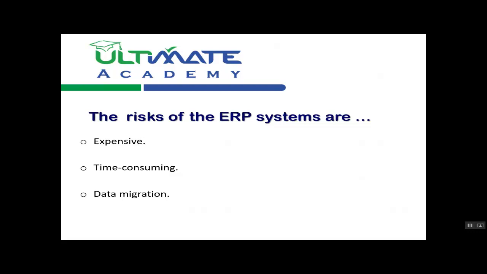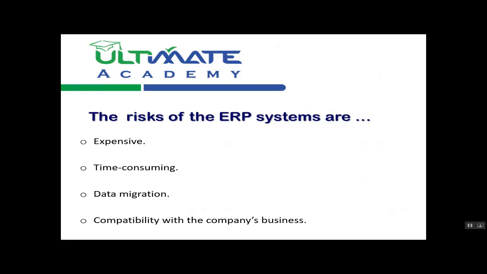So it takes time to migrate the data from the old methods used to the new ERP system, in addition to the time needed to train the employees on how to use the ERP. The fourth point is compatibility with the company's business. Businesses can come in different fields and the activities differ greatly.